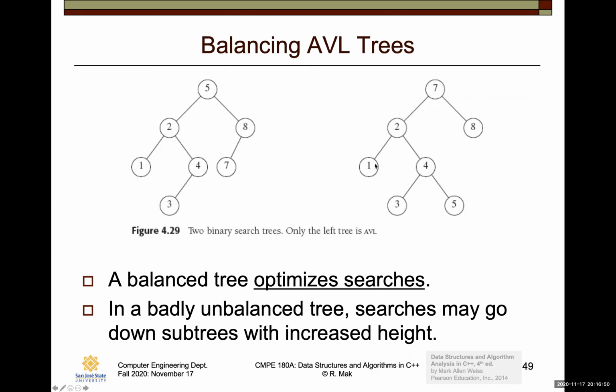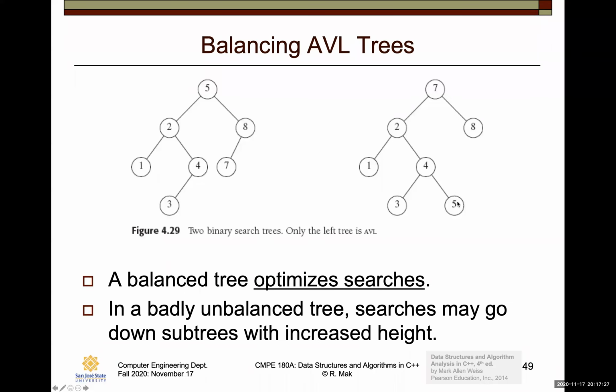But if this were further unbalanced, in other words, the left-hand side is even higher, then you can see that if you end up going down the left side, you can end up doing a longer search. But if the tree is balanced, then whether you go down the left side or the right side, the search path differs by at most 1. Whereas here, if you go down the right side, the path is 1, but you go down the left side, the path is 3.